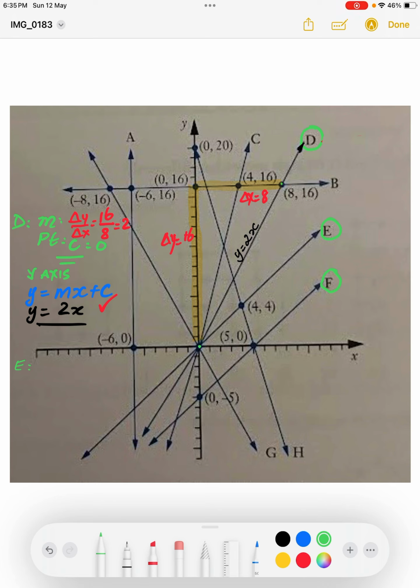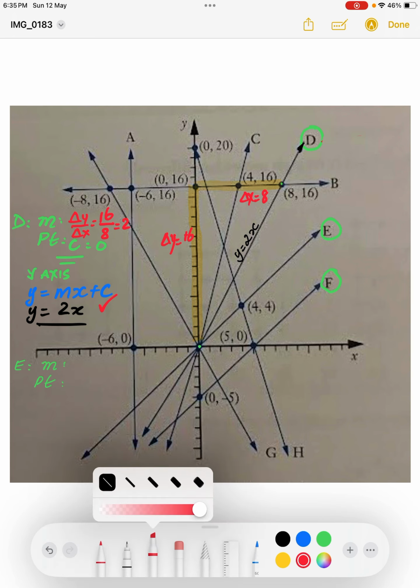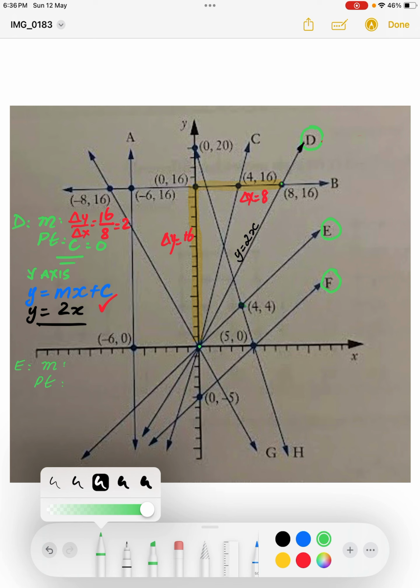Let's look at E. First of all, we want a gradient, and if we can find a point on the line. Let's use a red highlight for this one, and for E we're going to use this point and this point at (4, 4).